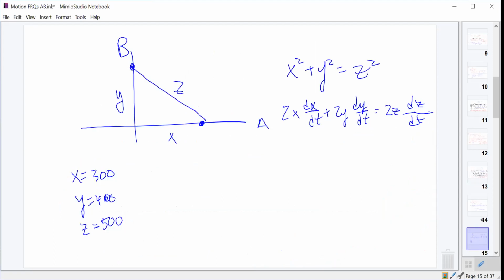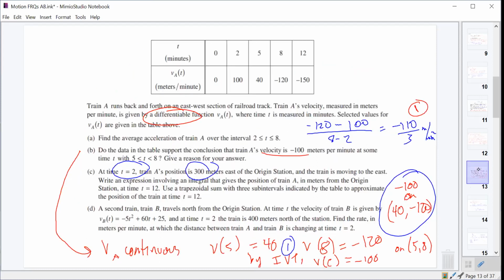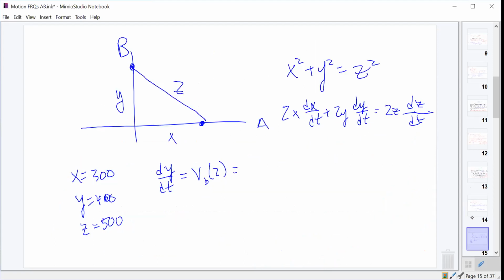So dy/dt equals v sub B of 2, which is negative 20 plus 120 plus 25.